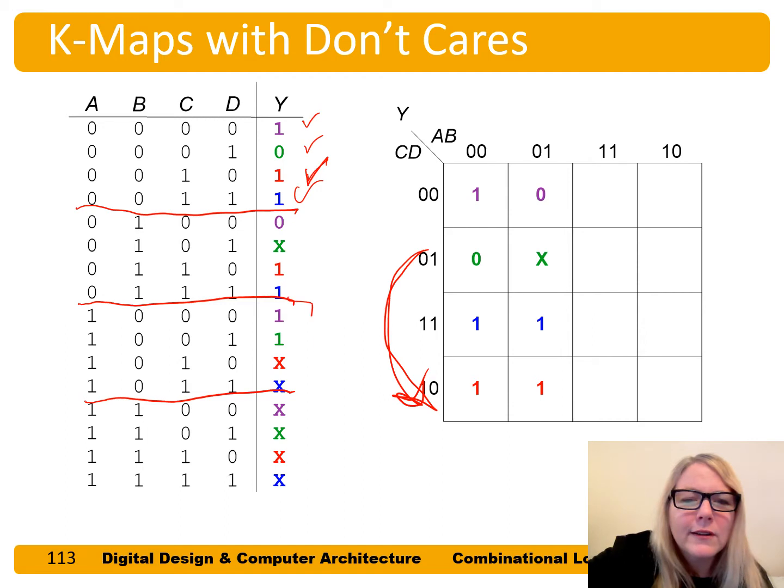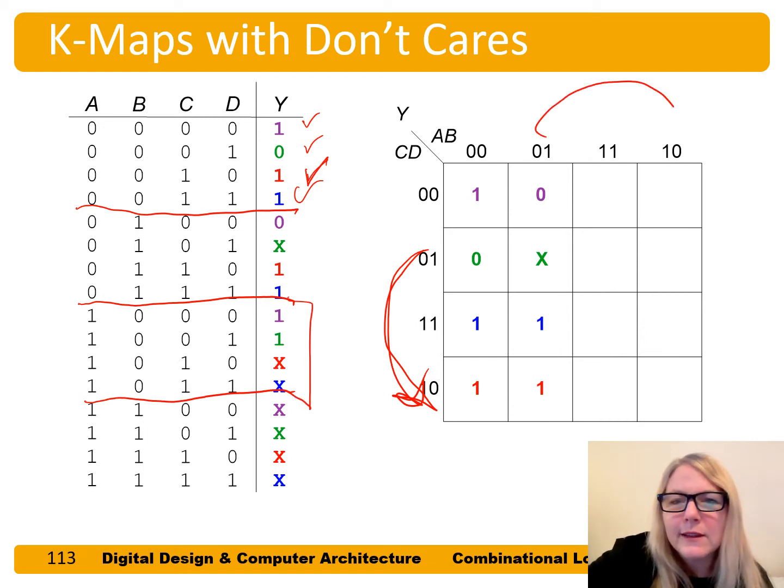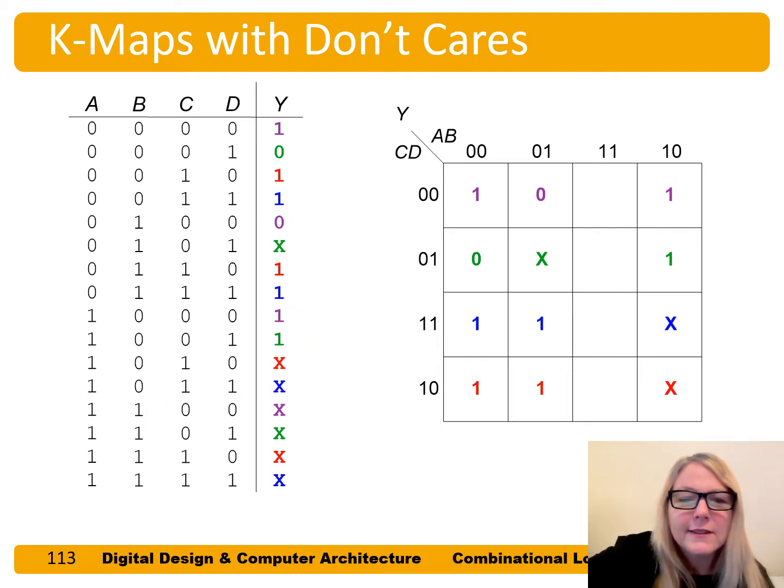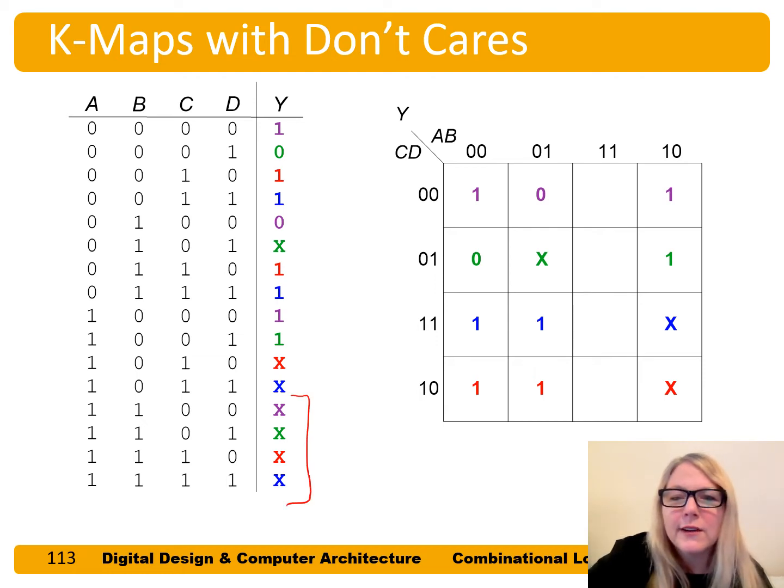And now we get to our group here, and we're going to skip a column and go 1, 1, skip a row, don't care, don't care. And then finally our last group of 4 here, and those are all don't cares, but we'll enter it the same way for regularity.